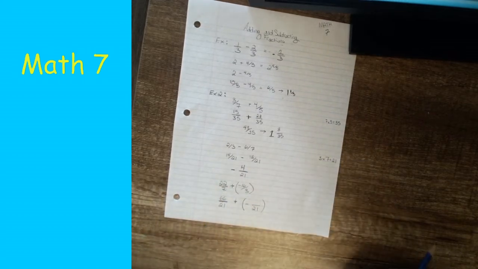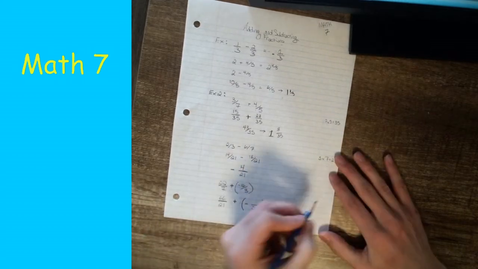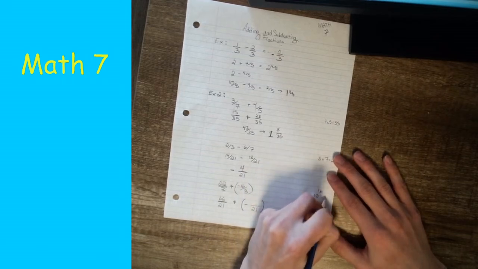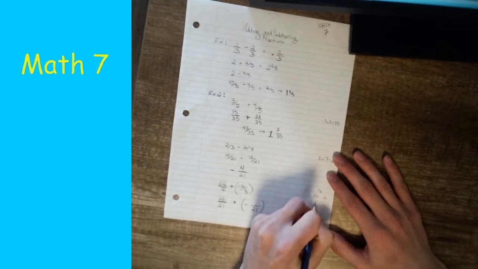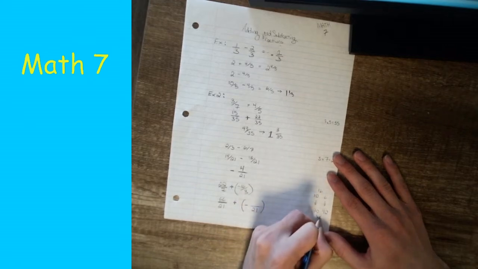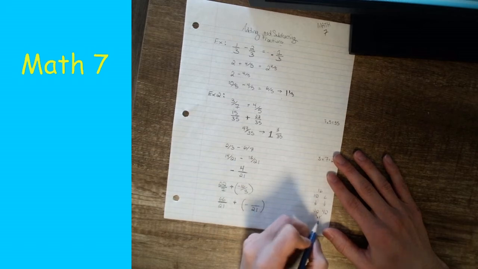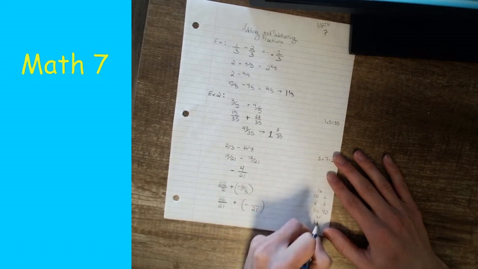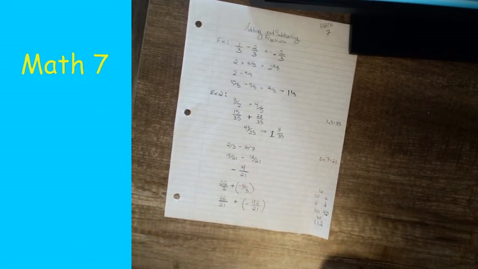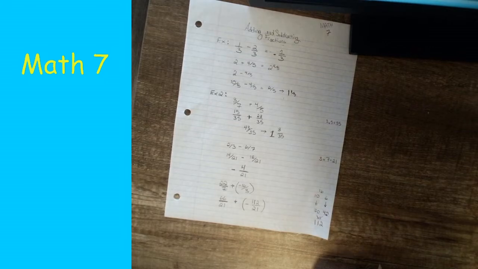So 16 times 7. 16, 10, and 6. I multiply both of those by 7 and then combine them back together again. 112. So that's 112 over 21. Okay, so they're both over 21.